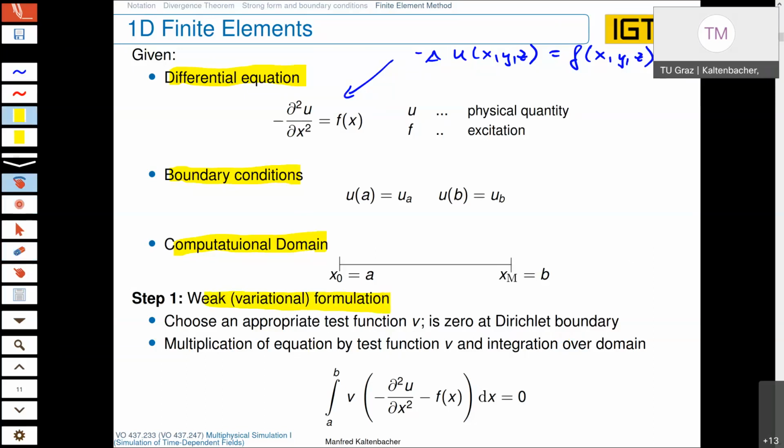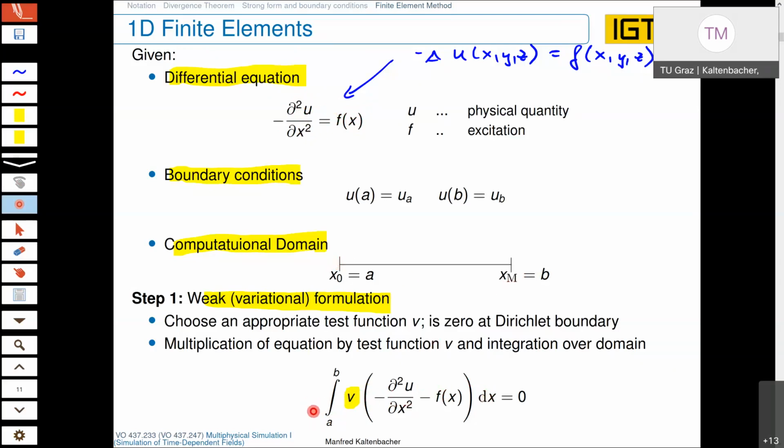So we do not discretize our partial differential equation directly. Instead, we choose a so-called test function, multiply the partial differential equation with this test function as shown here. I have put the excitation term to the left-hand side, and integrate over the whole computational domain. For us, it's from a to b.